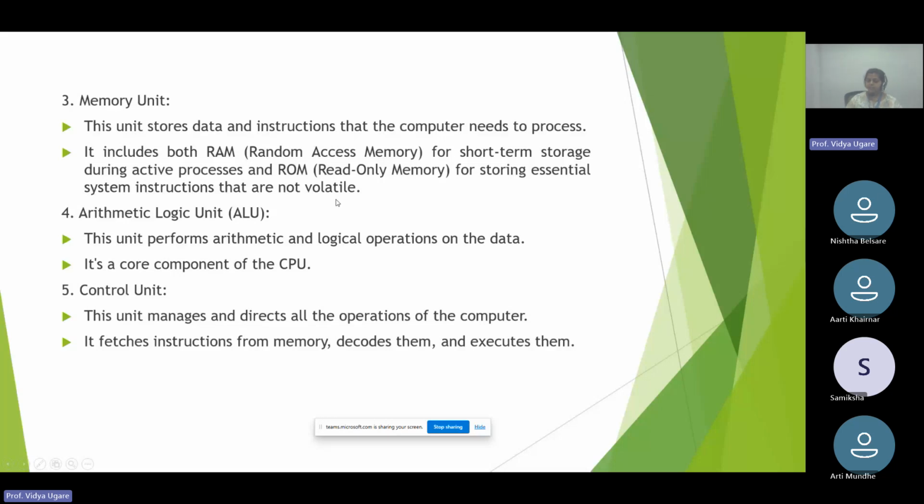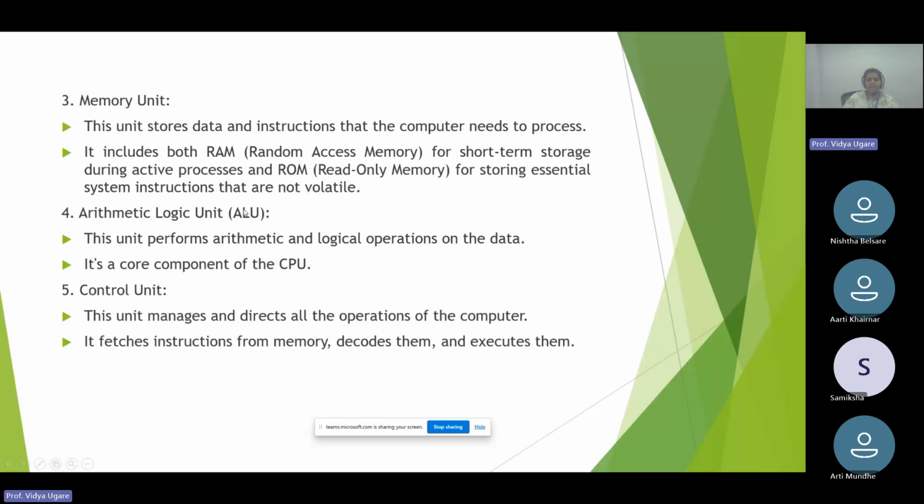Not volatile means the instructions you store in the ROM are permanent, and are not going to be deleted or erased even when you shut down the computer or when the power goes off suddenly. But in case of RAM, if you are typing something and the power goes off, then immediately the data or instructions in the RAM will be deleted, without user intervention. So this is memory, and we are going to discuss this memory unit separately in the upcoming slides.